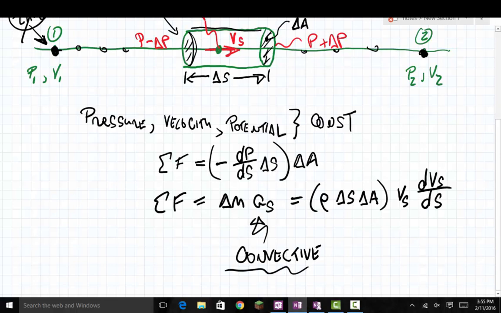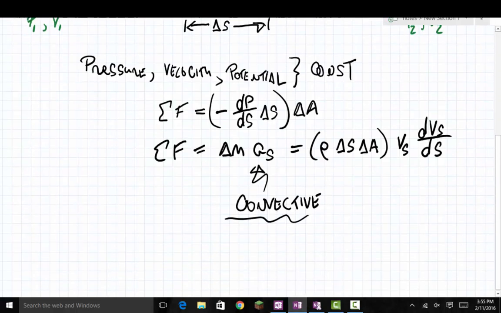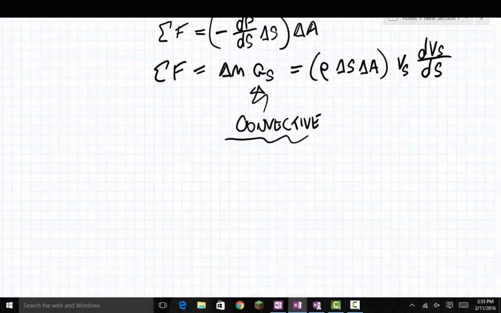All right, so if we equate those two together, which is what we did, and we recognize that there's a delta S delta A term on each side that can cancel, and we said that we can treat our differentials as algebraic quantities, so we could cancel out the ds.